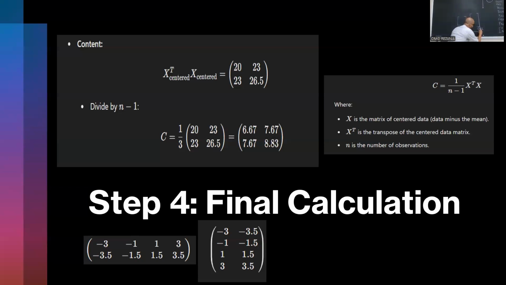Because these two match, both of them are 4, they are compatible to multiply. If you multiply them, what is the size of the matrix? What is left here? 2 and 2. Then it becomes 2 by 2. Am I right? Now you see that the C which you have there is a 2 by 2 matrix.